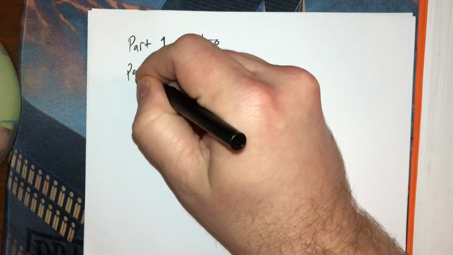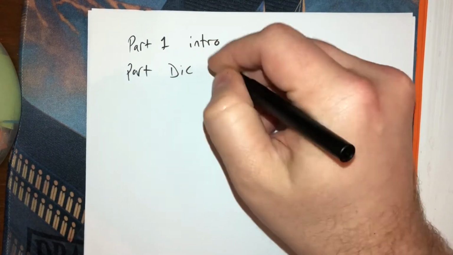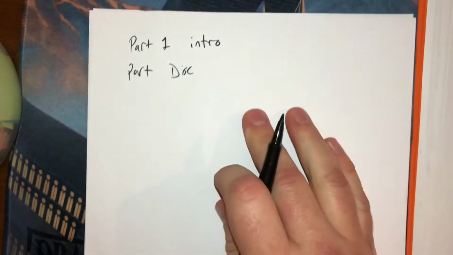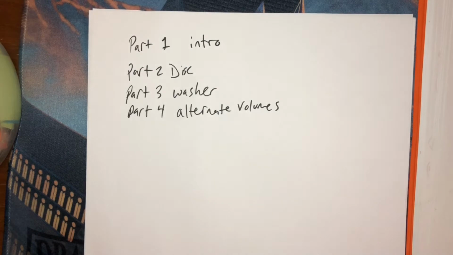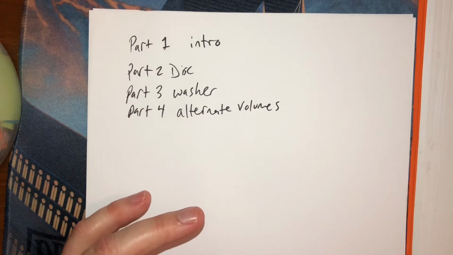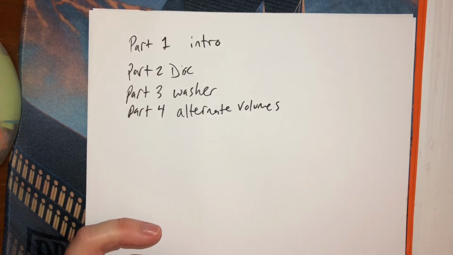Then part two, disk. The four main parts that we have to look at with volume are an introduction, just talking about the general idea, then disk method, washer method, and then an alternate way for other kinds of volumes that we find.